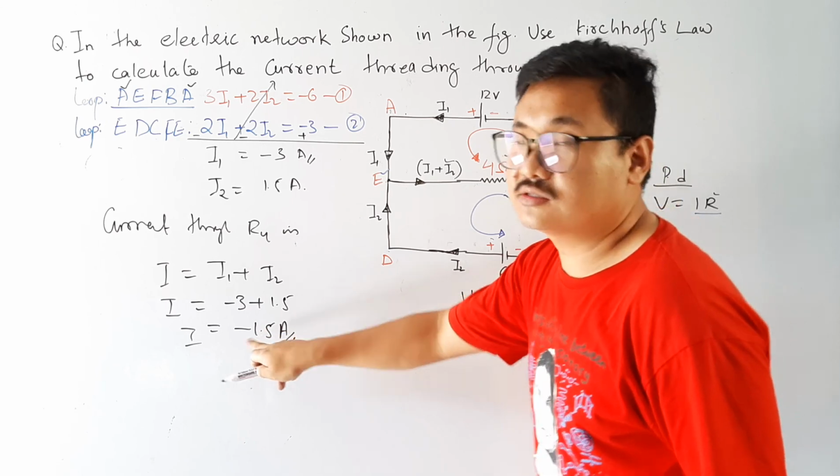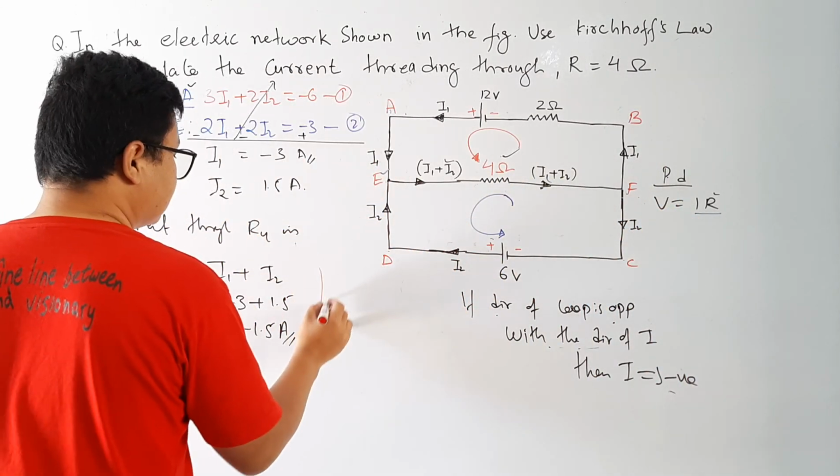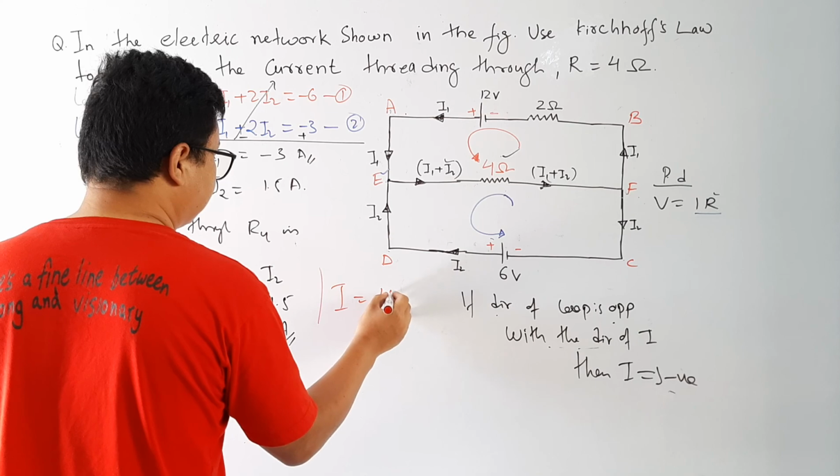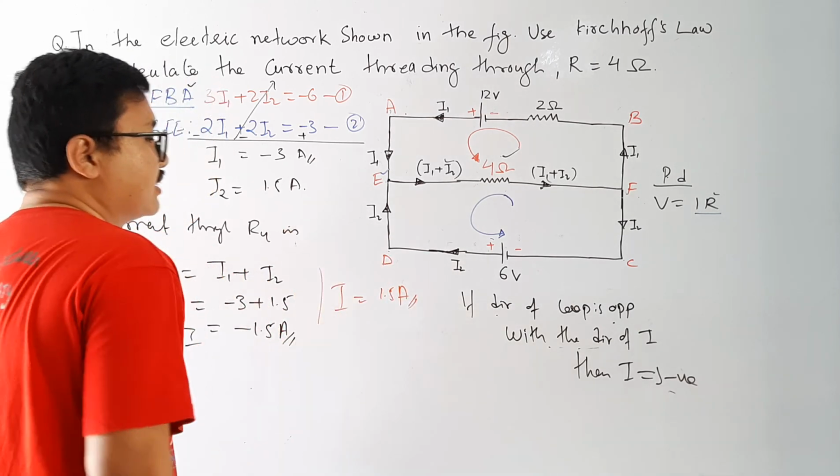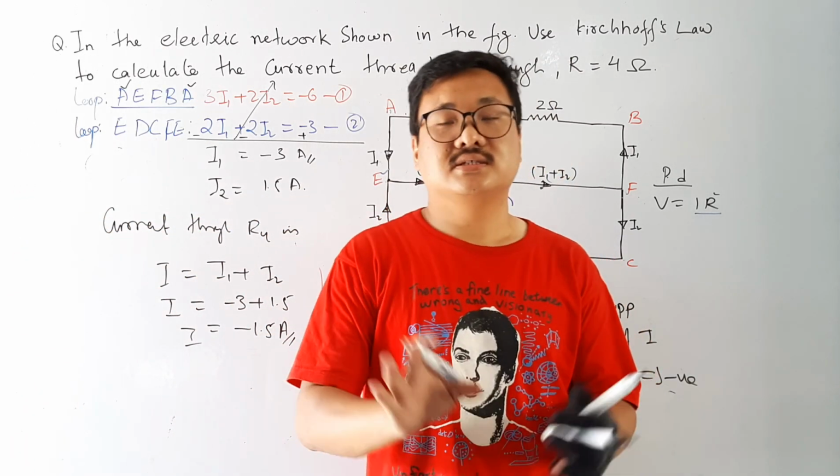So I got minus. So finally I have to write I is equal to 1.5 ampere. Okay. So positive and negative is no worries.